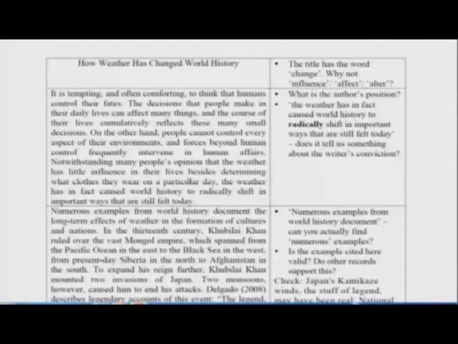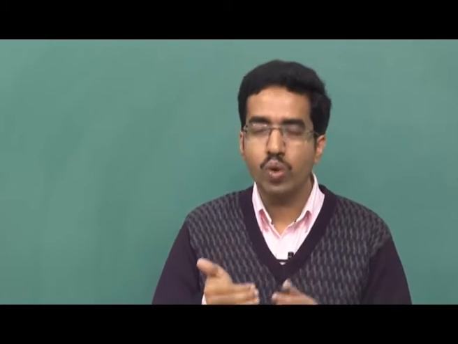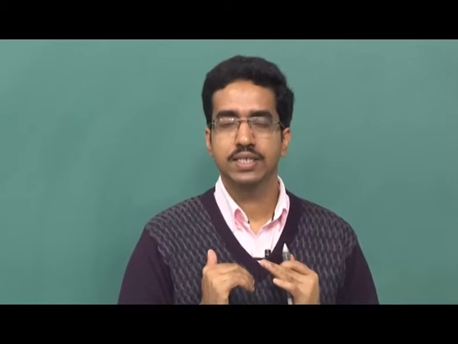So, what is the significance of the title and many other things we asked ourselves. Now, when we are reading a text critically, we ask questions about the validity of the examples and the strength of the argument. So, let us start.